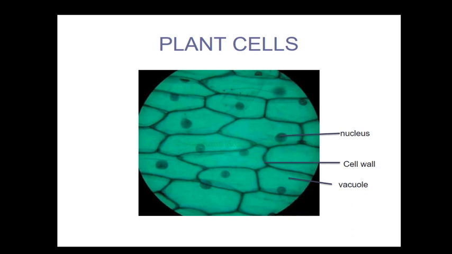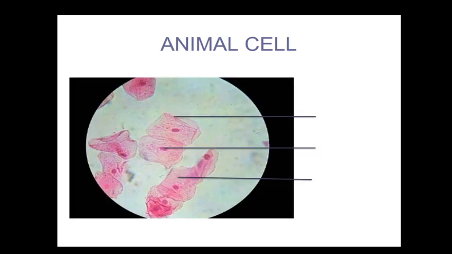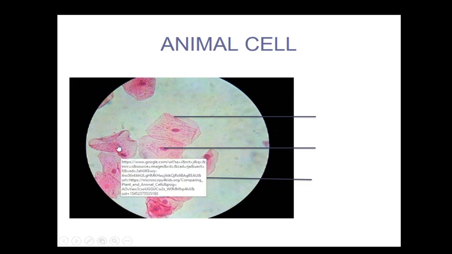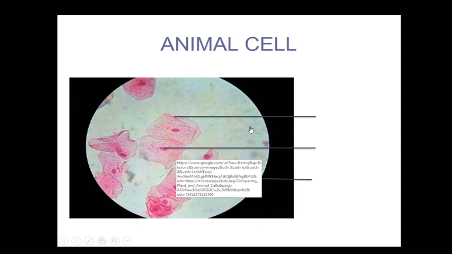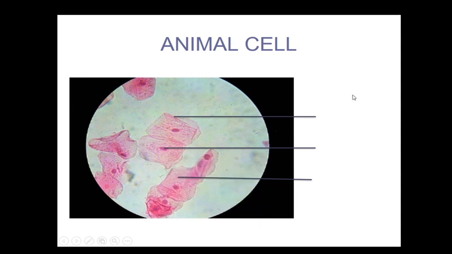Right, then let's move over to the animal cell. Now the first thing I notice is that the animal cell looks very different to a plant cell. In fact, if you have a look at this cell over there, it kind of looks like a shoe. They have irregular shapes to them. They definitely do not have a fixed shape like a plant cell. Right, the outermost layer of that cell, so we're going to start with the first label. Take your ruler and let's label it together.